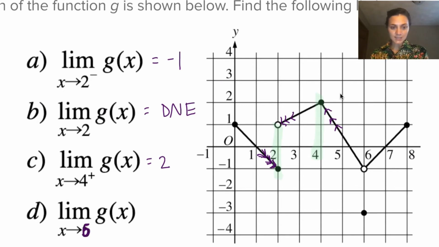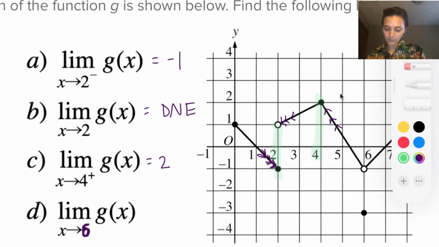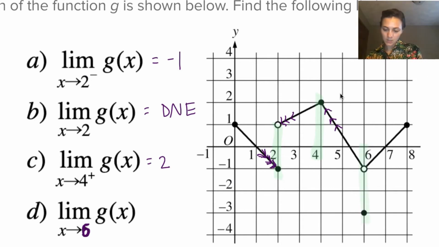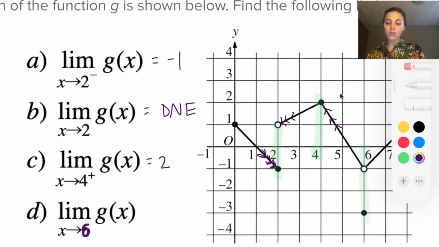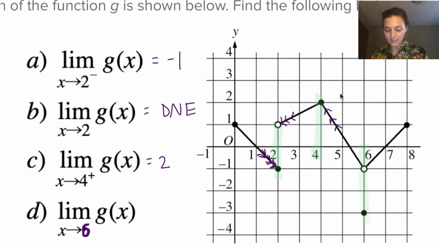So D says the limit as x approaches 6 of g of x. So here's 6. And some of you really might be tempted to say that the limit as x approaches 6 is -3. Okay? And that's because you can see there's this closed circle at -3. Really all this means is that g of 6 equals -3.